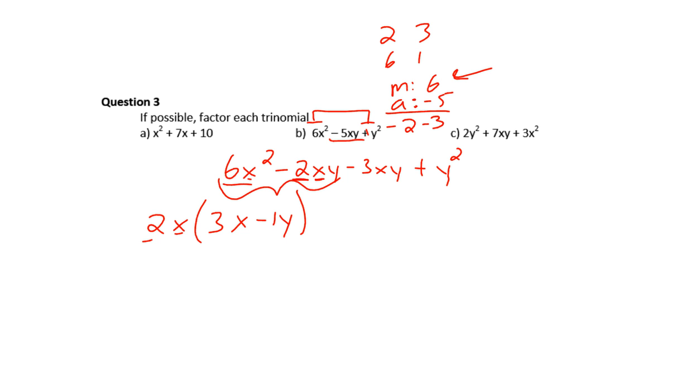Start the bracket. Now let's look at the next one here. What's common to those guys? Y. And just be careful on this one. I want to factor out a negative y because I don't like that negative being out front. So it's going to look like minus y. Start a bracket. And I'm really hoping it looks like this at the end. That's the goal here.